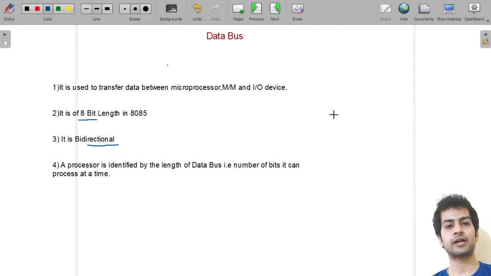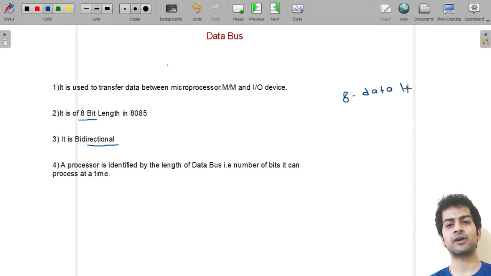So after learning this concept, if anyone asks you why 8085 is called an 8-bit microprocessor, you will directly say that it is because it has 8 data lines.